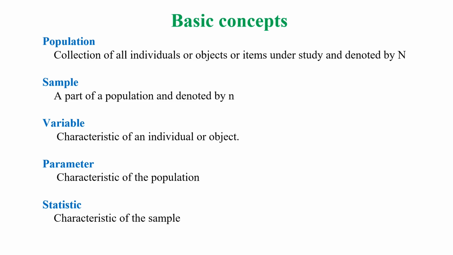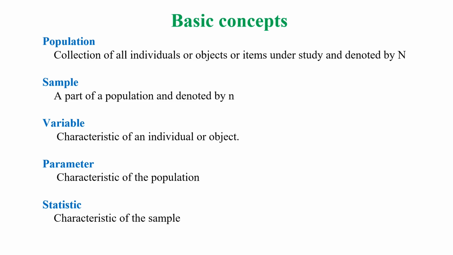Now, let us see what is a variable. Any characteristic of an object or an individual or an event is called a variable. For example, if I want to know the marks of a class, the height of students, the weight of girls, the satisfaction level of customers, the stress level of employees, how loyal the employees are to their management.